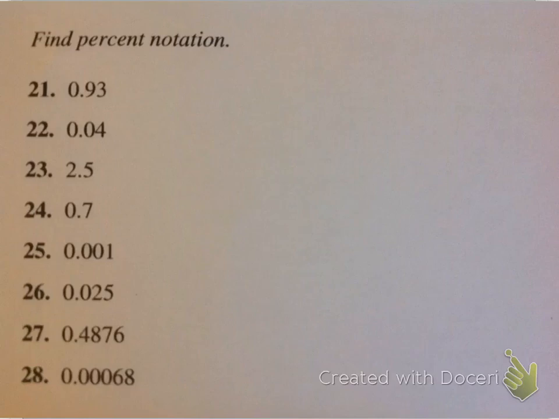If you're starting with the decimal and you want the percent, then you're going to move your decimal point 2 places to the right. So for our problems here, if I have 0.93 to find the percent, I'm going to move my decimal point 2 places, which is going to give me 93%. If I move my decimal point 2 places here, I'm going to get 4%.